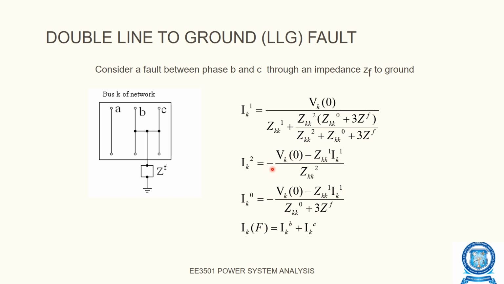So IK2 is equal to minus VK0 minus ZK1 IK1 divided by ZK2, and IK0 is equal to minus VK of 0 minus ZK1 IK1 divided by ZK0 plus 3 ZF. So the fault current IKF is equal to IKB plus IKC. From this you can calculate the fault current for double line to ground fault with the help of impedance matrix.